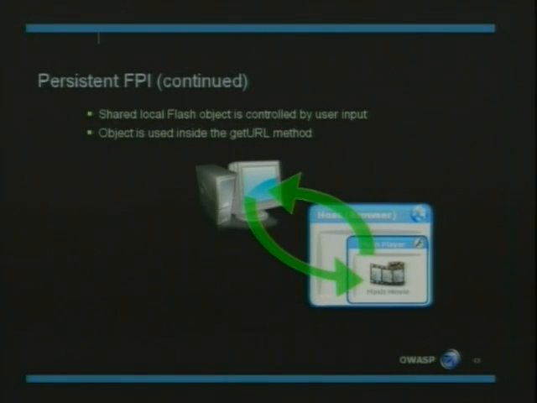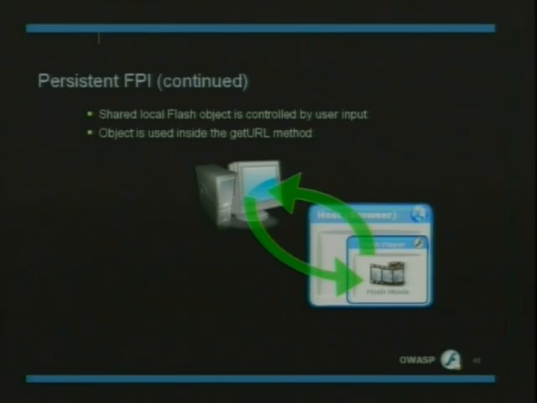So what will actually happen here is that in the regular scenario, the Flash file will be able to put some cookies in your website, and the next time that you surf to this website, the Flash player will retrieve those Flash cookies.